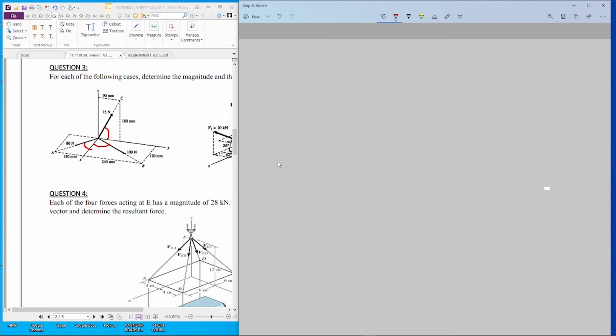Now, what we are told is to determine the direction cosines. So I need to determine the magnitude. I know that FR, the magnitude now, is equal to the square root of those components I got: 98.99 squared plus 64.2 squared plus 67.08 squared.